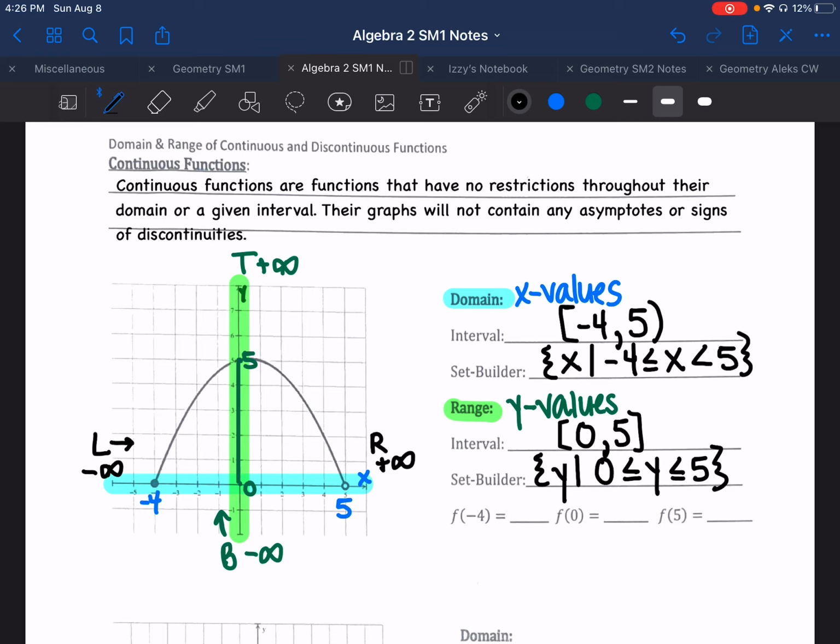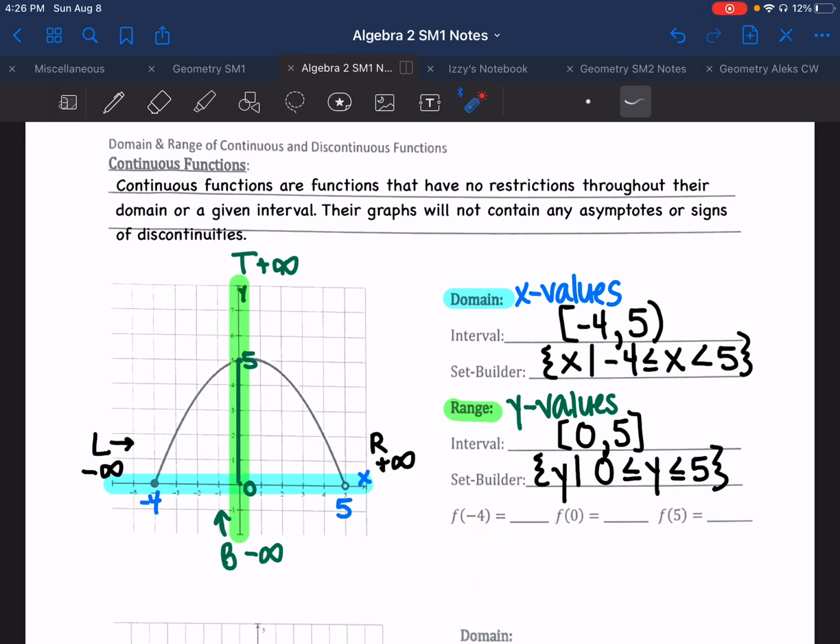Now, the last part on this worksheet is a little bit new, and it's kind of getting into the next lesson, 1.2, for Wednesday, but it's a good idea to check it right now. We can go ahead and do it right now, and then it'll be easier when we talk about it on Wednesday. This is function notation, and when I am in function notation, this number right here is x.